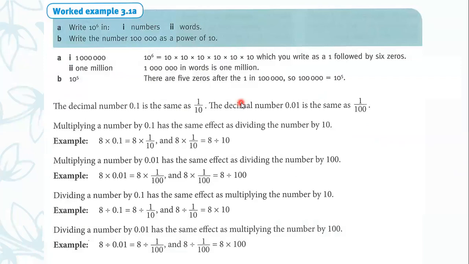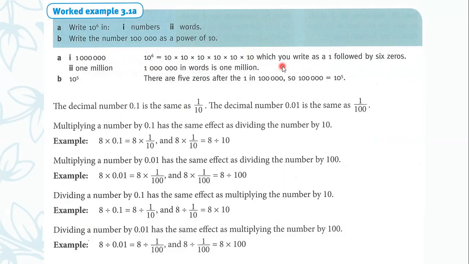Now here, first example: write 10 power 6 as a number and in words. 10 power 6 means we put six zeros. If we write 6, it means we must put six zeros. You can also write 10 multiplied by itself six times: 10 times 10 times 10 times 10 times 10 times 10.